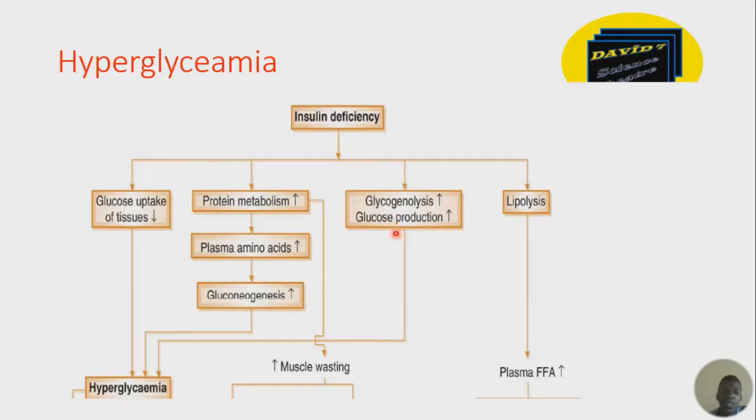All these three will increase the blood glucose, causing hyperglycemia. In addition, muscles will be wasted and lipolysis occurs, so plasma free fatty acids increase. Lipolysis is stimulated by the opposite hormone, which is glucagon. So plasma free fatty acids will increase. Let's continue.